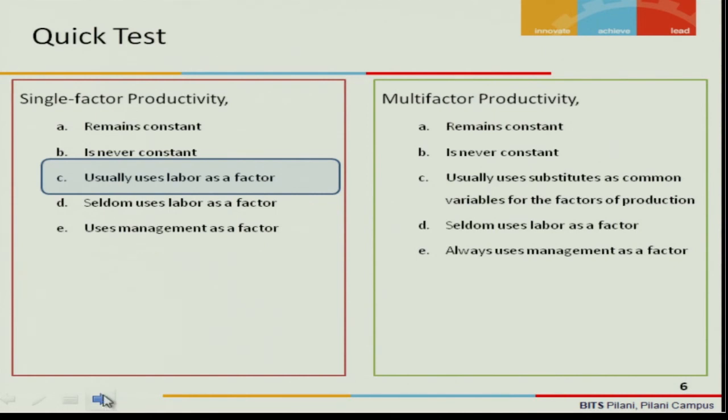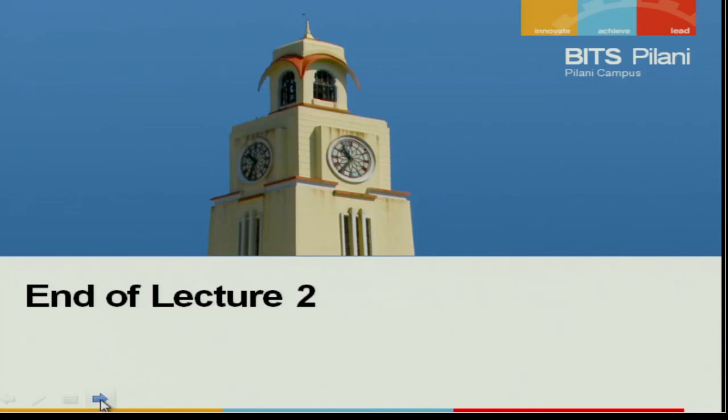And the right answer is C, which is usually uses substitutes as common variables for the factors of production, which means that the inputs are all converted into a single unit of measurement and used for computing the productivity. With this, I end the lecture 2. Thank you very much.